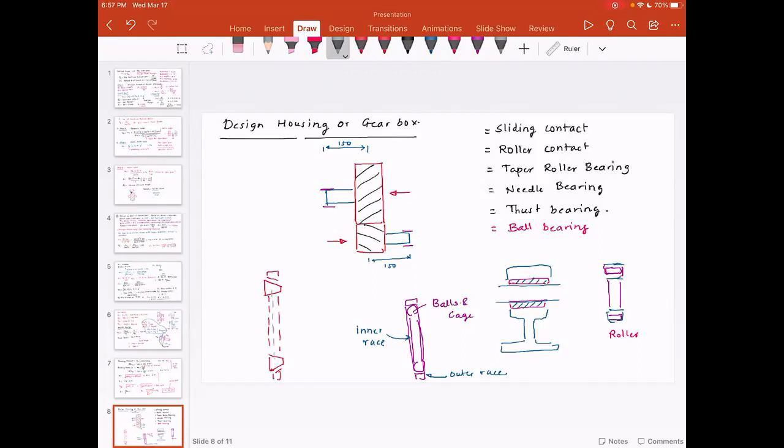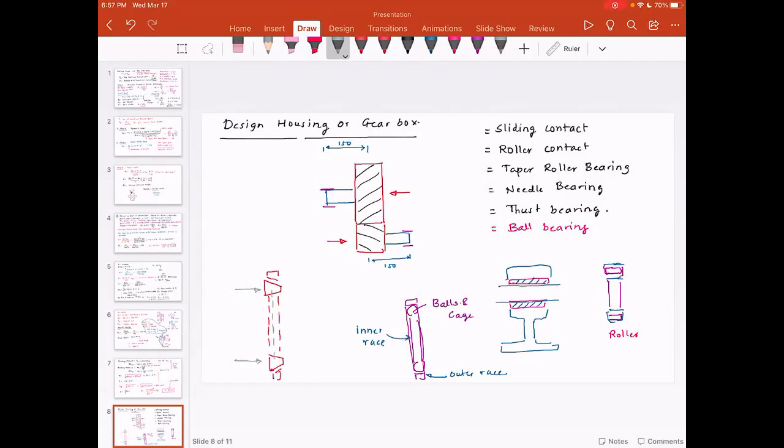But the biggest advantage of the taper roller bearing is that it can take thrust loads. The inner race, outer race, and cage do not separate when you have a thrust load.